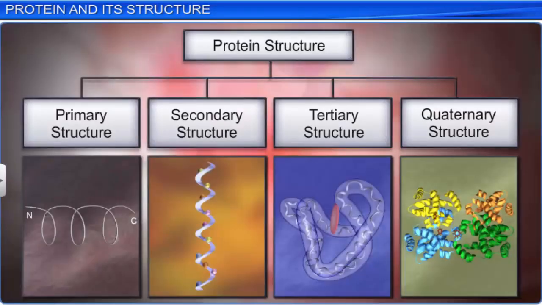However, biochemists have described the protein structure at 4 levels: primary, secondary, tertiary, and quaternary structure. Let's learn more about them.